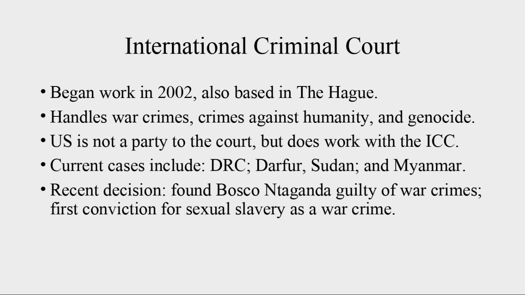So currently they're looking at cases like the Democratic Republic of the Congo, where there have been human rights abuses, massacring of civilians, mass rape, and so on. Darfur, Sudan. Darfur is the western region of Sudan. It's about the size of Texas. And since 2004, there has been an ongoing genocide.